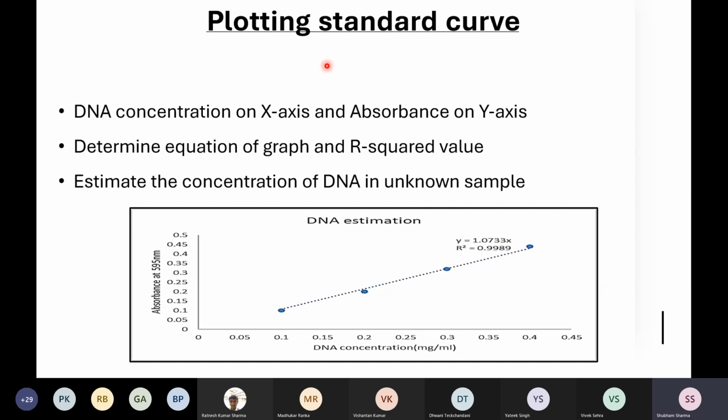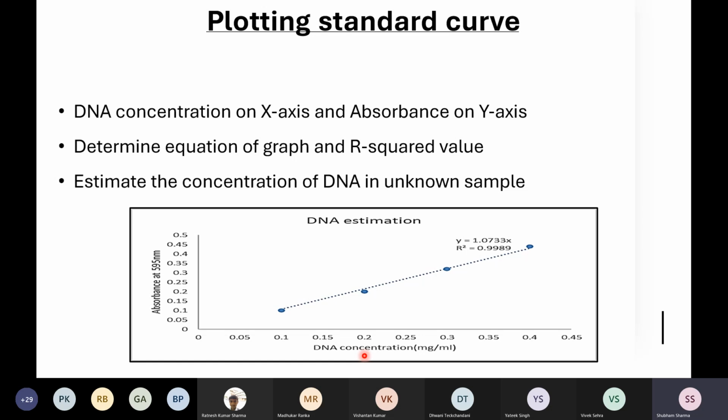Plot a standard curve as in the previous experiment. We are expecting a linear plot with the equation in the form y equals mx. You also have to provide their R square values in the graph. This will be the graph of absorbance at 595 on the y-axis and DNA concentrations of standards on the x-axis.